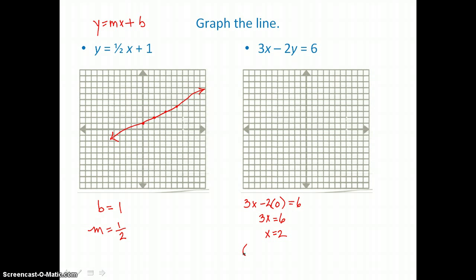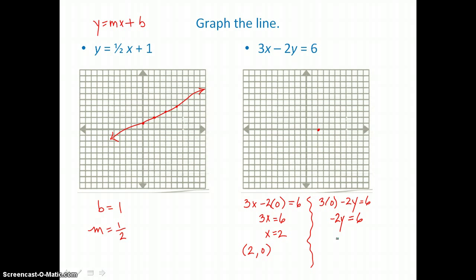So I can graph the ordered pair (2, 0) on the coordinate plane. Okay, then finding the y-intercept by letting x equal 0. I get 3 times 0 is 0, so I'm left with -2y on the left and 6 on the right.